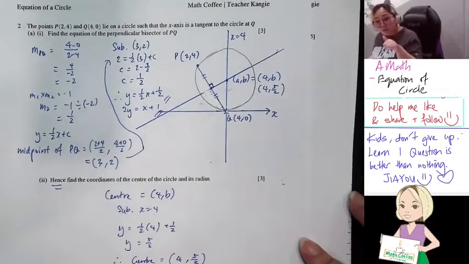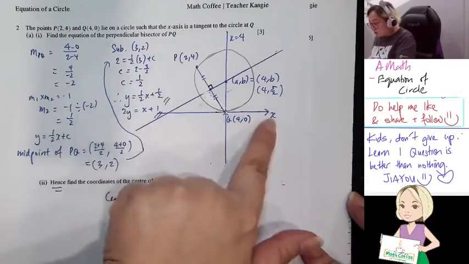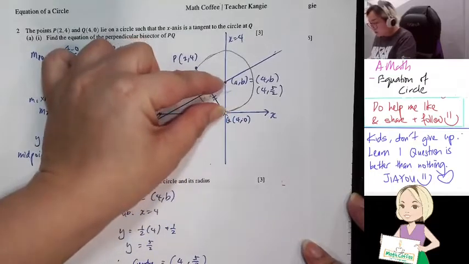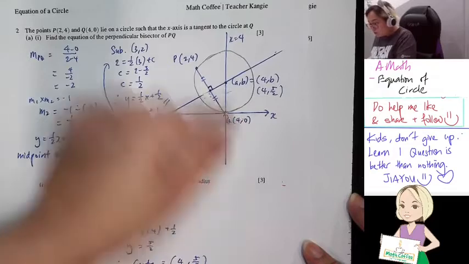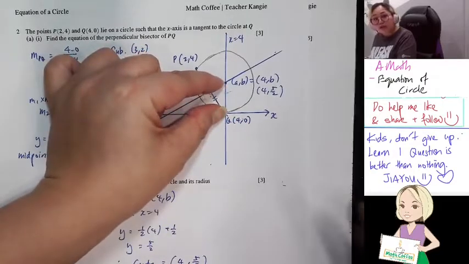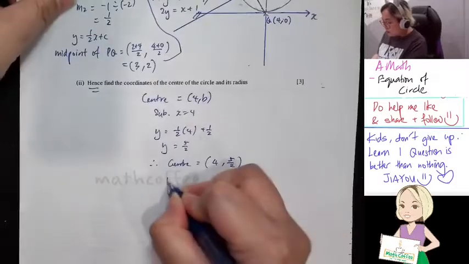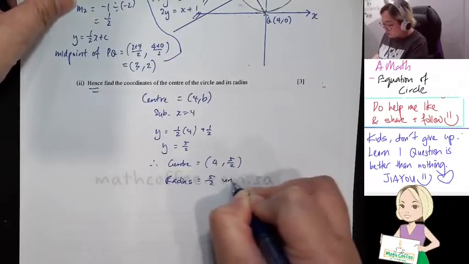This is a special property, because this x-axis is the tangent. So actually, from here to here, the length is actually the radius already. My y coordinate is 5 over 2. This one was 0. So the length actually is 5 over 2, right? So actually, my radius is already 5 over 2. So my radius, straight away, you will know that it is 5 over 2 units.